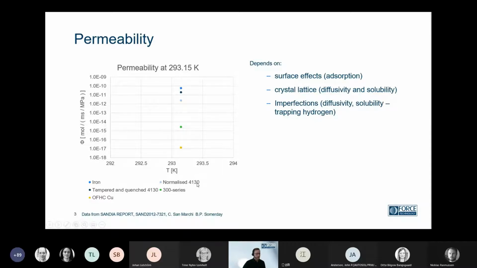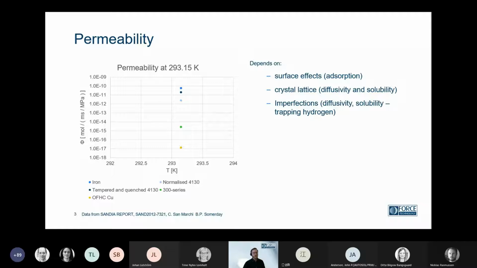An interesting point here, and the reason why I take it in here, is that we have a normal low alloyed steel, a normalized 4130, and then we have the tempered and quenched 4130. There is actually quite a difference between the two, which comes down to the crystal structure. The normalized is ferrite and carbide, and the tempered and quenched is martensitic.